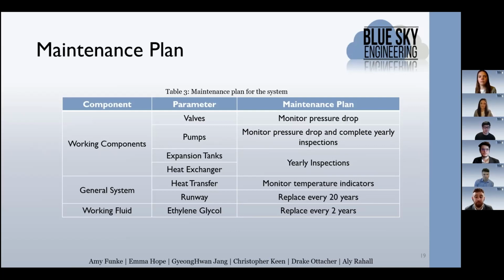The general system would be the heat transferability, which is monitored using the temperature indicators, confirming that the snow and the ice is melting off of the runway, which will be replaced every 20 years as per airport standards. The working fluid, a 60% ethylene glycol solution, is replaced every 2 years and will be drained using the sump tank.